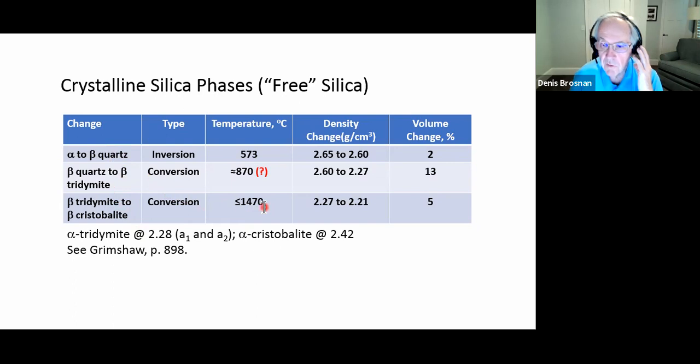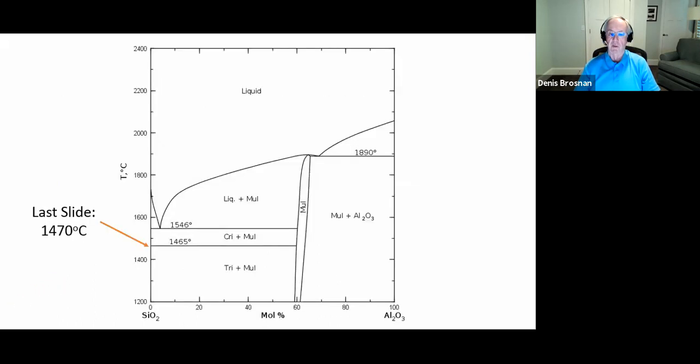So these free silica phases influence us. In the melting relationships we've been talking about, combined silica is in liquids or compounds. But now we have a granule of something called free silica. And some diagrams show that and some don't. For example, here's the diagram again with mole percent.